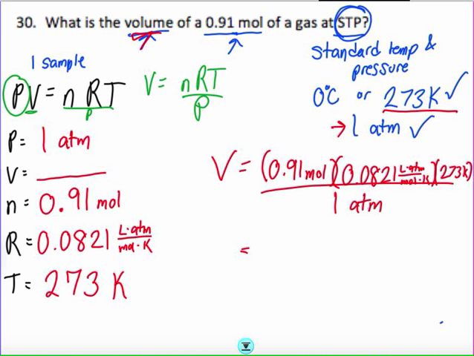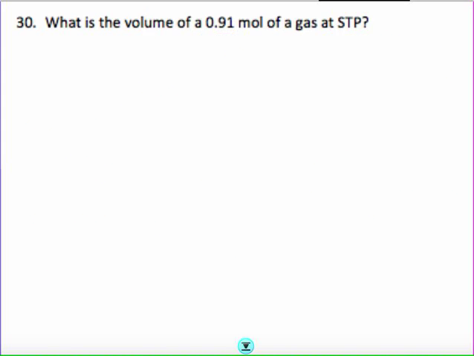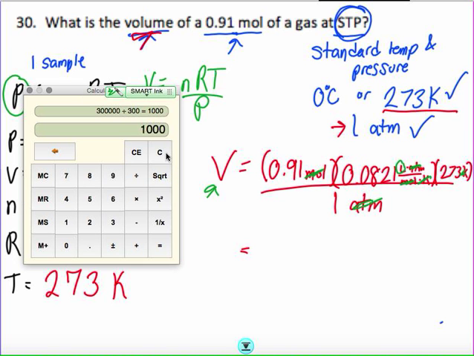Now we can cancel out units that are the same: mole and mole, atmosphere and atmosphere, Kelvin and Kelvin. We're left with liters, which is cool because that's a unit for volume, which is what we want. And we just have to plug into our calculator. So we have 0.91 times 0.0821 times 273 equals 20.39.